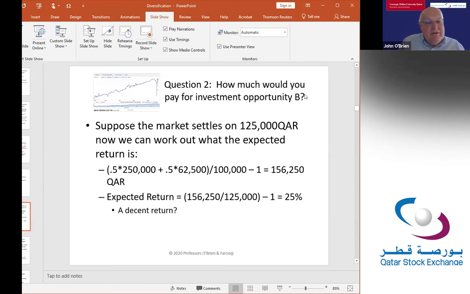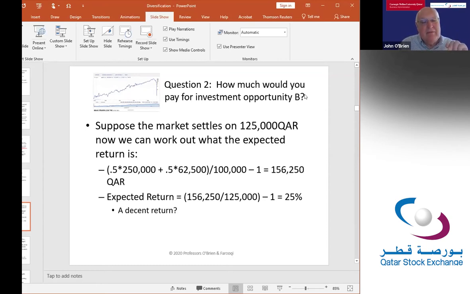So the risky opportunity gives you a 50% chance at 250,000 and a 50% chance of 62,500. And if we divide that by 125,000, we're going to get a return of 25%.